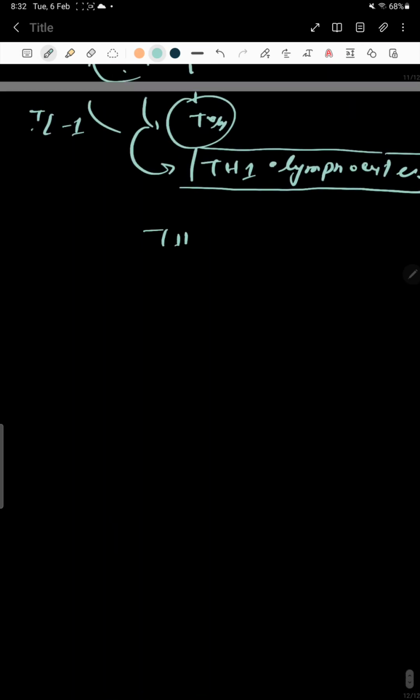Now these Th1 cells will release interferon gamma.